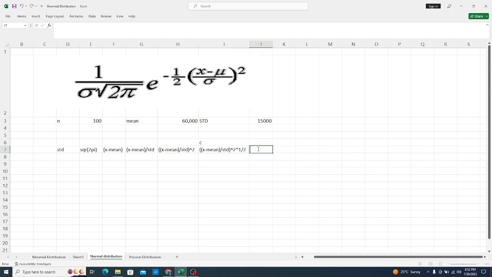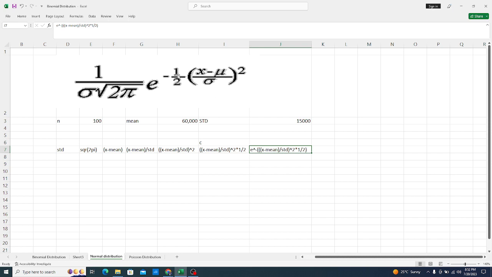Or maybe let me just do it. So it will be exponent raised to negative this, into brackets. Let me just close this.